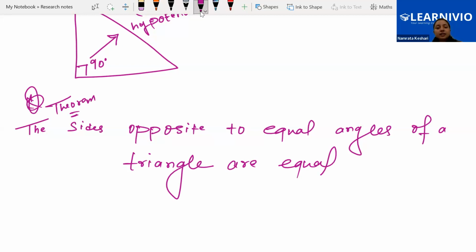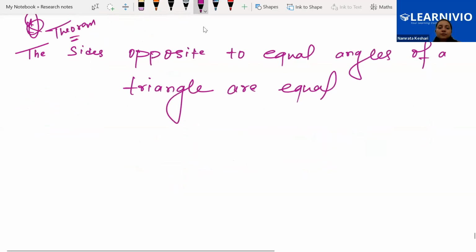If angles are given as equal, then we have to show that sides will be of same length. So don't say that we know that in an isosceles triangle, if sides are same, opposite angles will be same, and if opposite angles are same, sides will be same. Just the statement will not work over here. We have to show it. And maybe the concept of congruency again will help us to show that if two angles are same, then opposite sides will also be of same length.